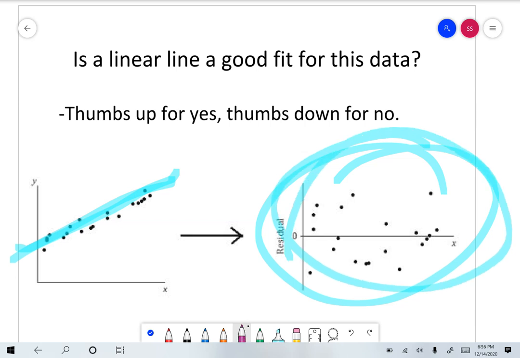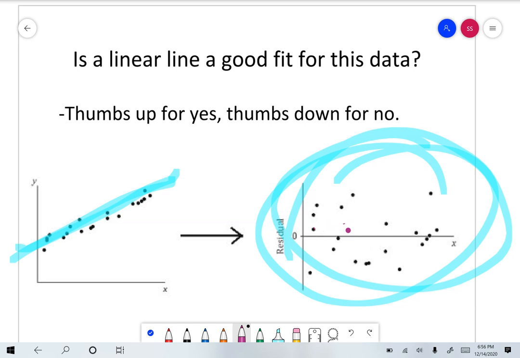So my follow-up question would be, is it a strong relationship? And the answer would be, it looks pretty moderate, right? It's not super weak, it's not super strong. If it was stronger, the data points would be closer to the line, kind of like this, rather than farther spread apart.